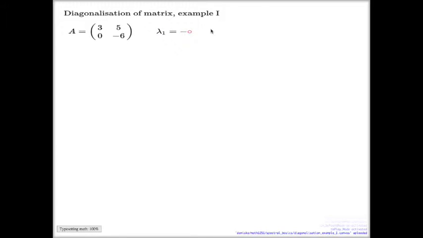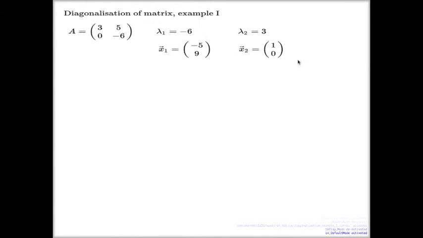Here's the information from that lecture. It's my first slide, diagonalization example 1. Here's the matrix from that slide of lecture 19, the two values we found, -6 and 3, and the two vectors associated with them. Even at this stage, I can already comment on the linear independence of my eigenvectors.